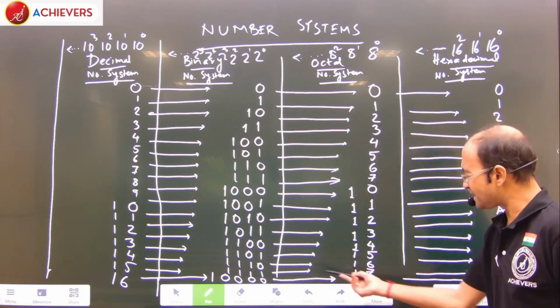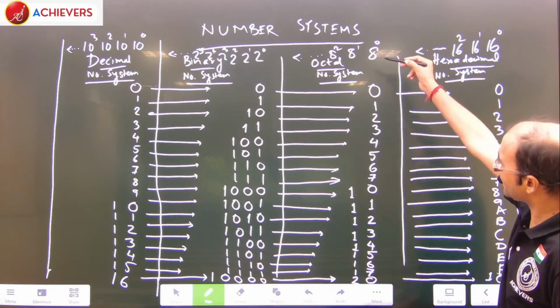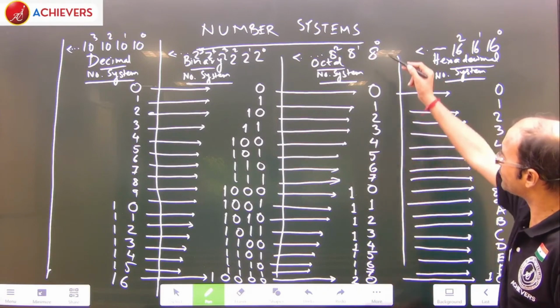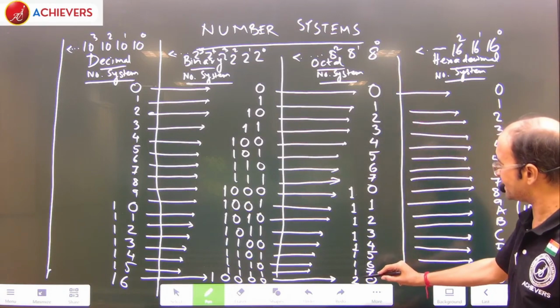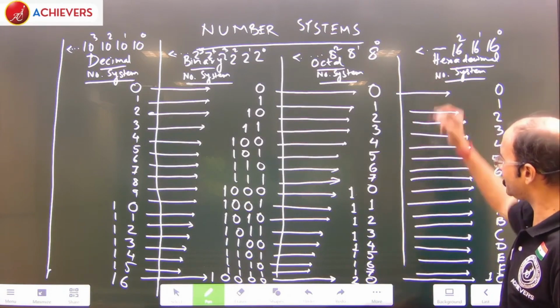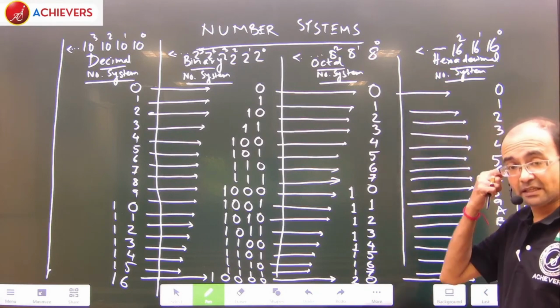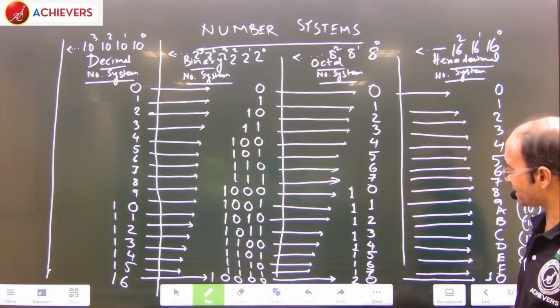So here 16 will be represented as 20, because under 8 to the power 1 we are representing 2. 2 into 8 to the power 1, so that is 2 into 8, that is 16. Under 8 to the power 0 it will be 0. I am taking a bottom up approach over here so that we can understand it well.